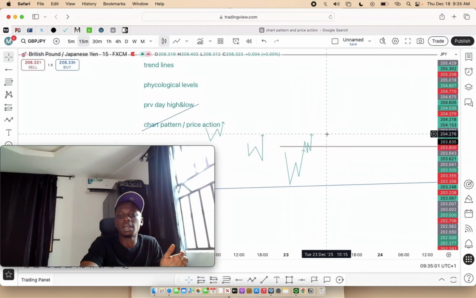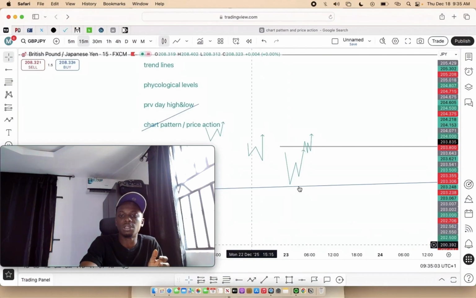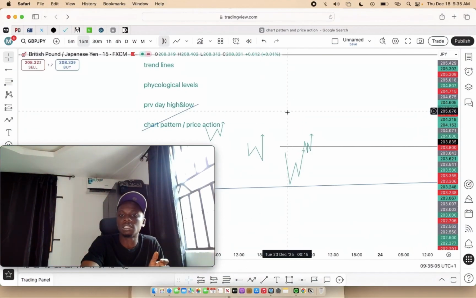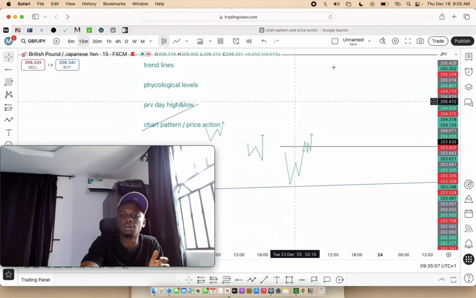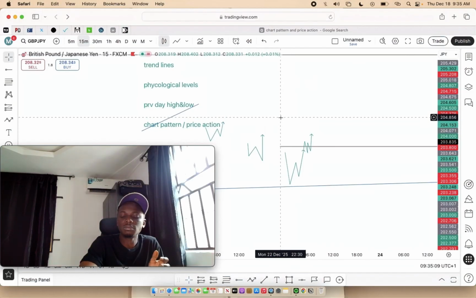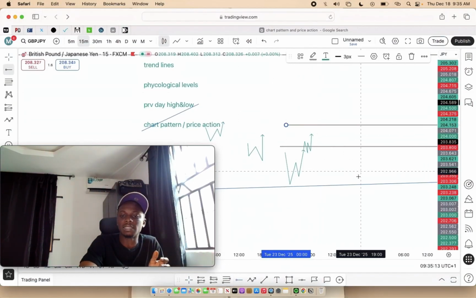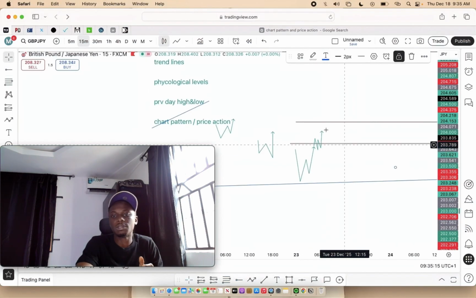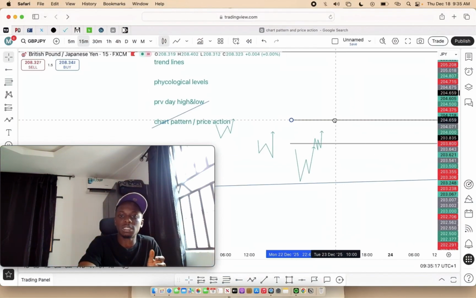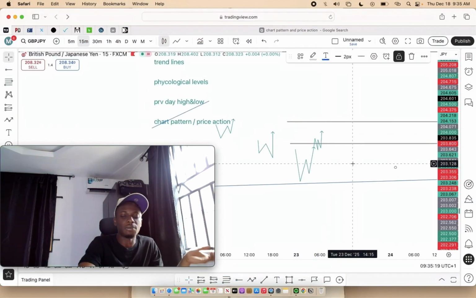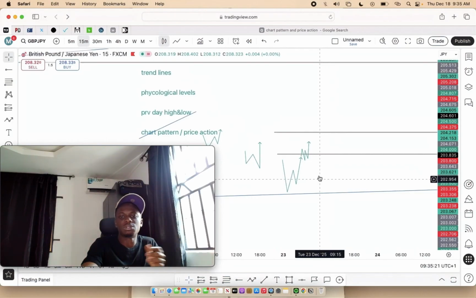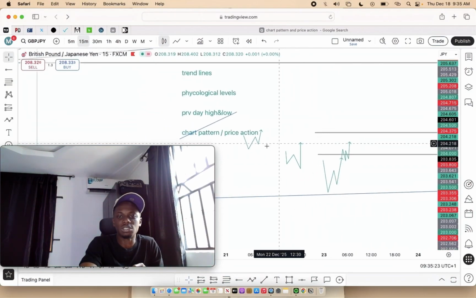That's a very good trade for me. Again, I'll be targeting the next key level above. It must not be exact, but I'm targeting the next key level above. So that's simple chart pattern. This is how I use it.